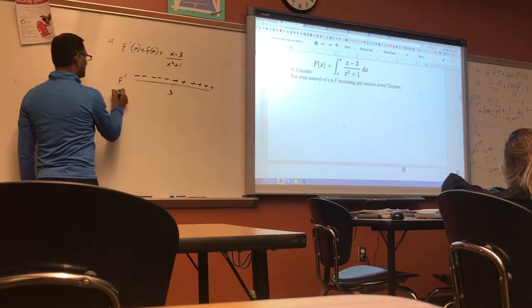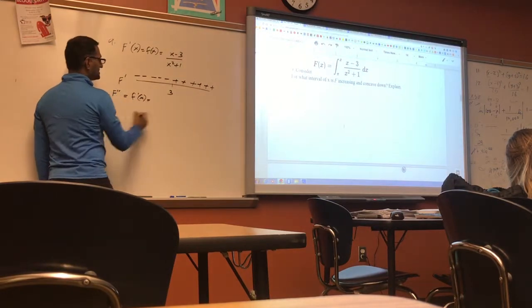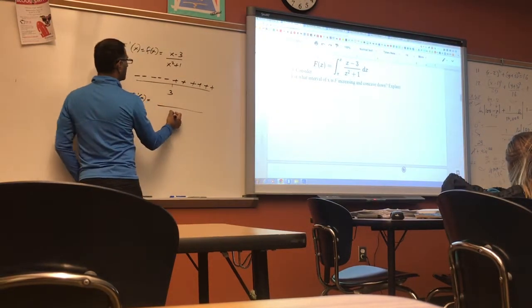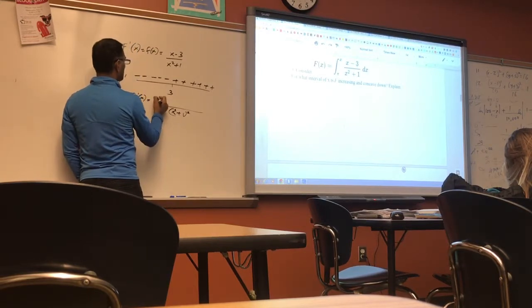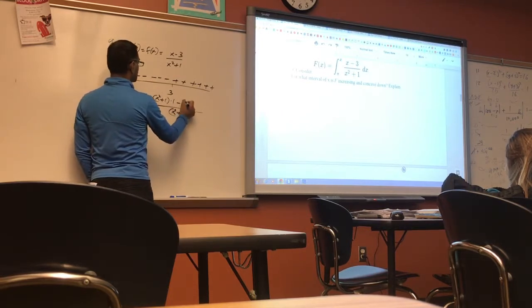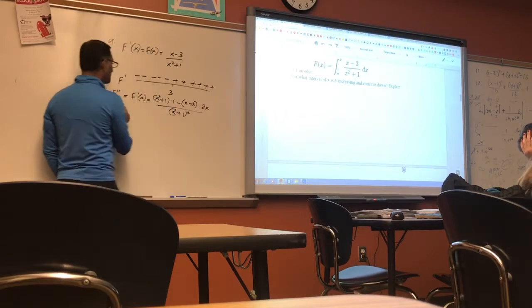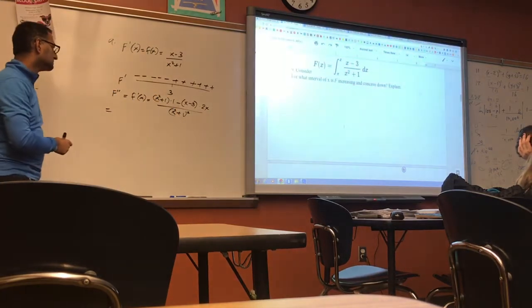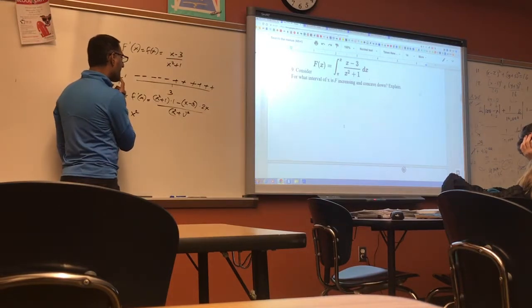Let's do capital F double prime, which is f prime of x, which is bottom times derivative of top minus top times derivative of bottom, over the bottom whole square. Okay, look down, simplify.